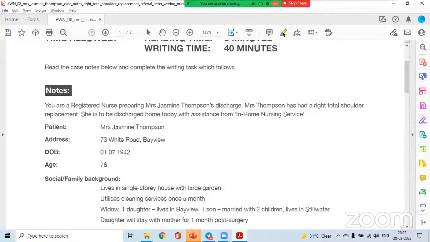So relevant information: Mrs. Jasmine Thompson, date of birth and age. Date of birth is more important. So keep date of birth.